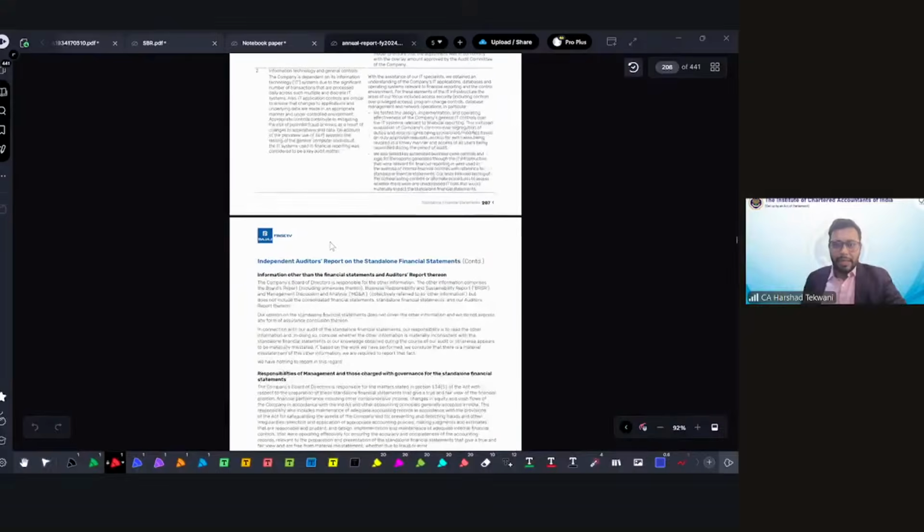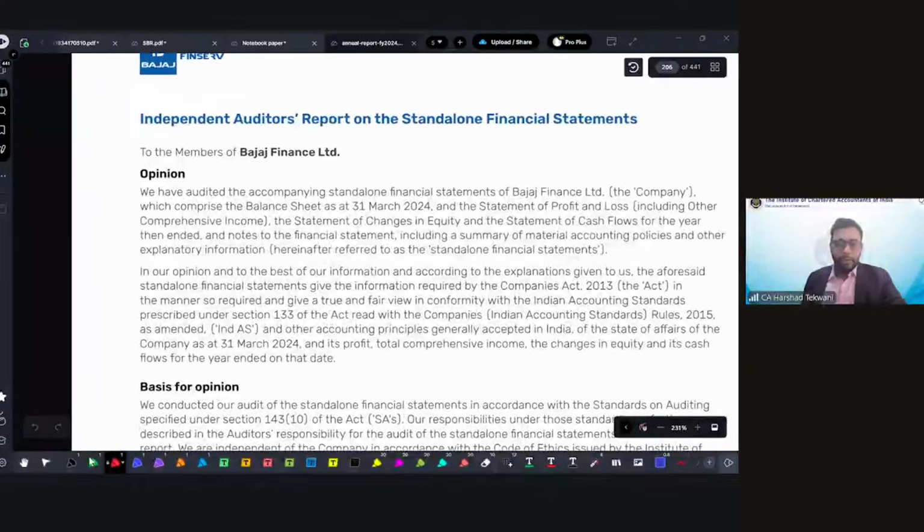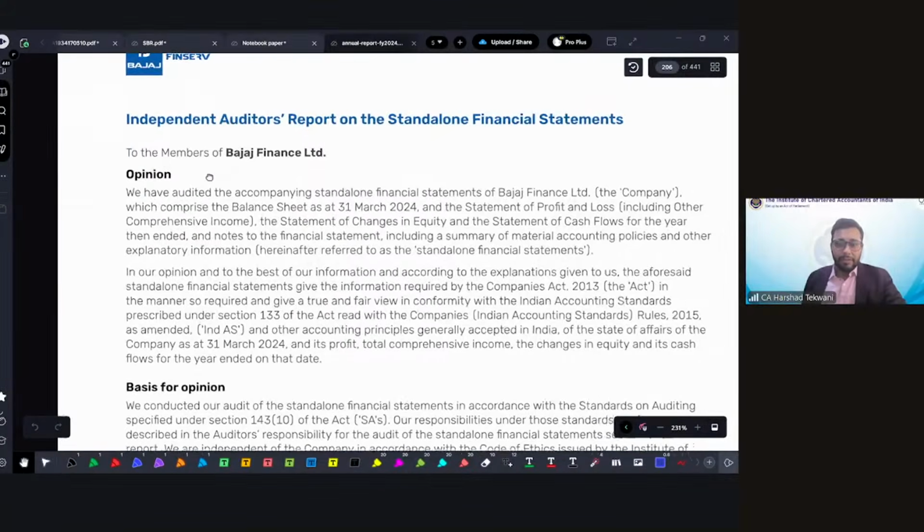This is nothing but the independent auditor's report, of a particular NBFC.